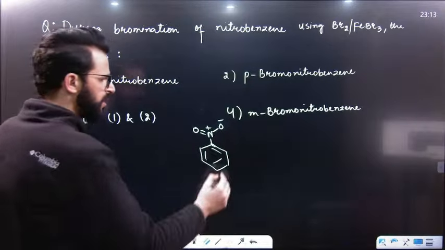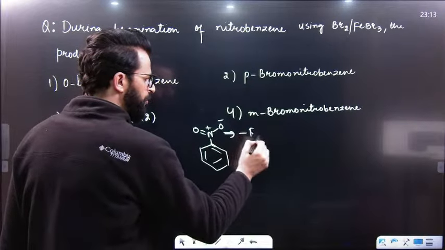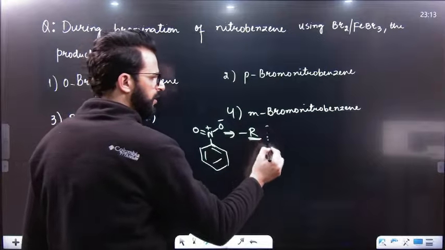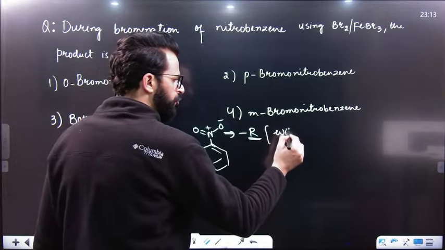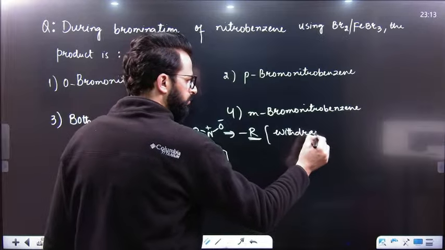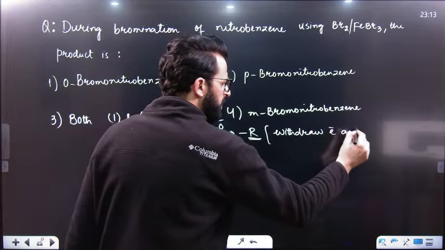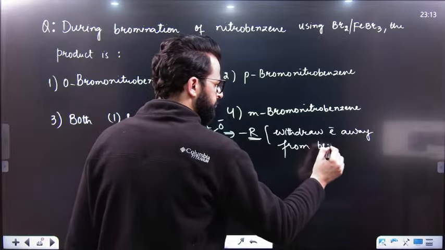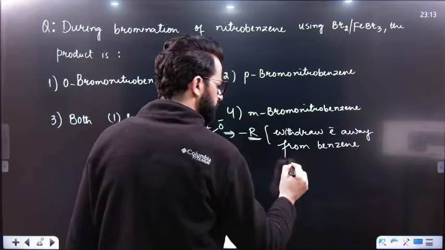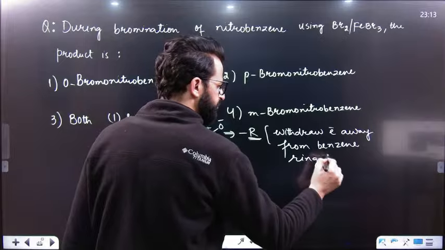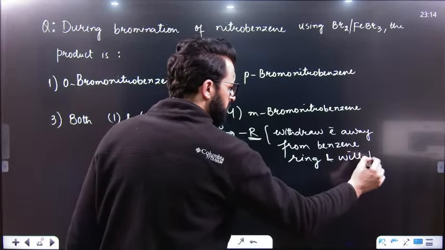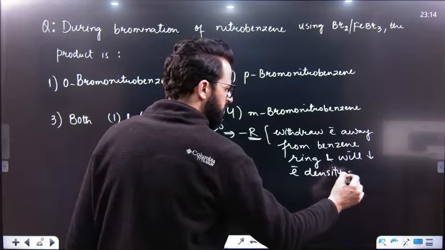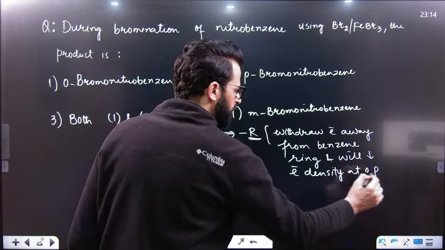This is nitrobenzene, and this is a group which shows minus R. That means it will withdraw electrons away from the benzene ring, and will decrease electron density at the ortho and para positions.